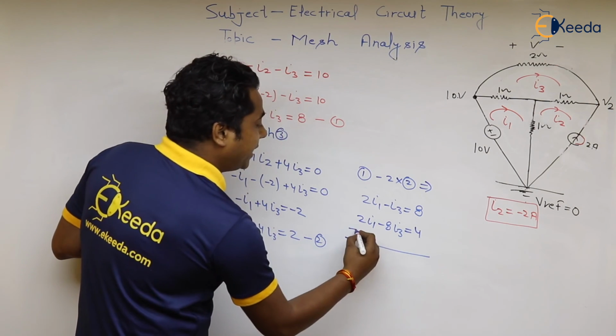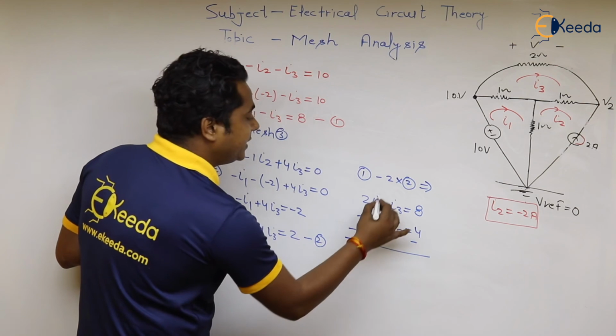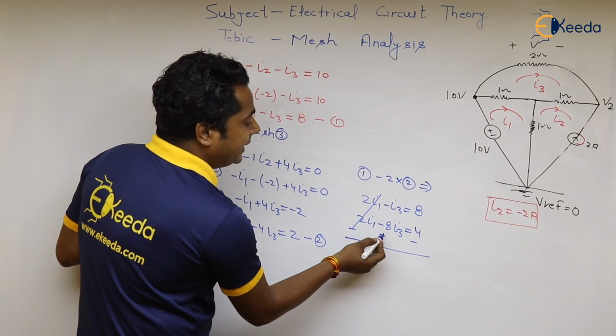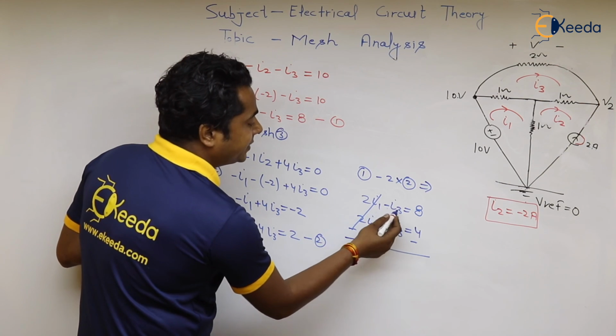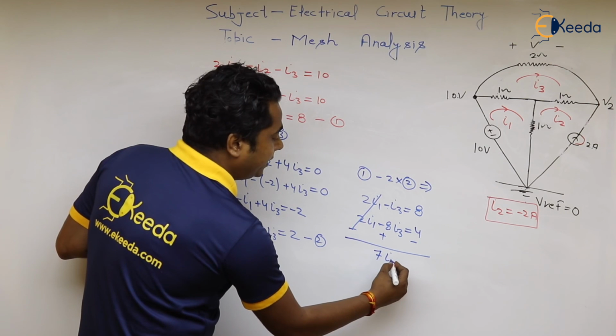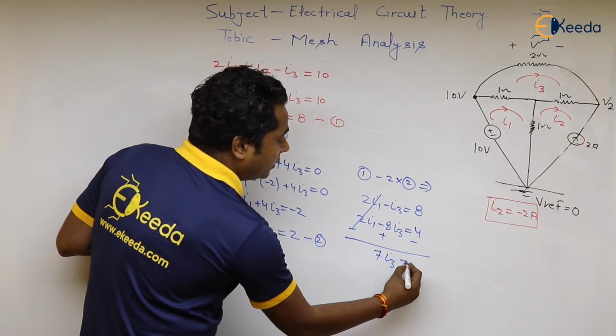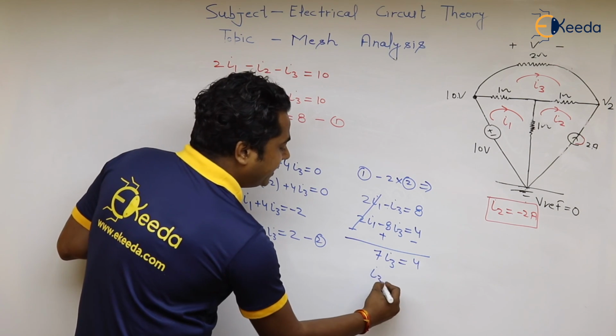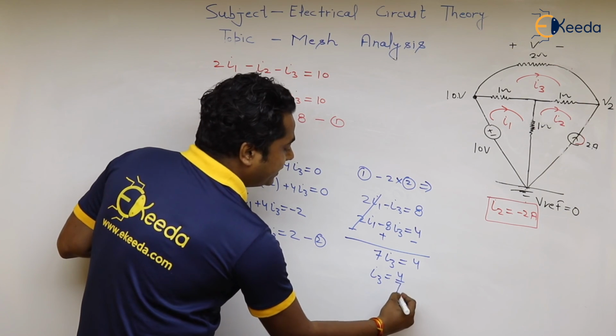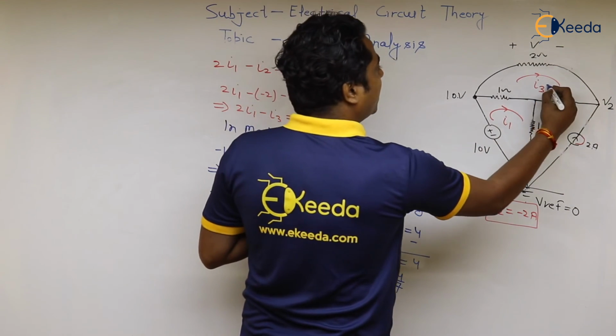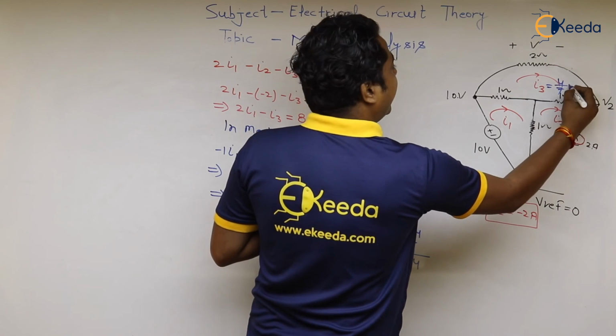On subtraction, 2 I1 cancels out, and minus I3 minus of minus 8 I3 gives 7 I3 is equal to 4. So the value of I3 comes to 4 by 7 ampere.